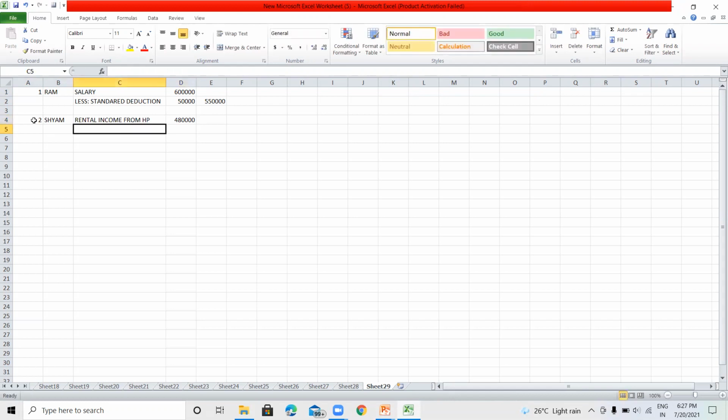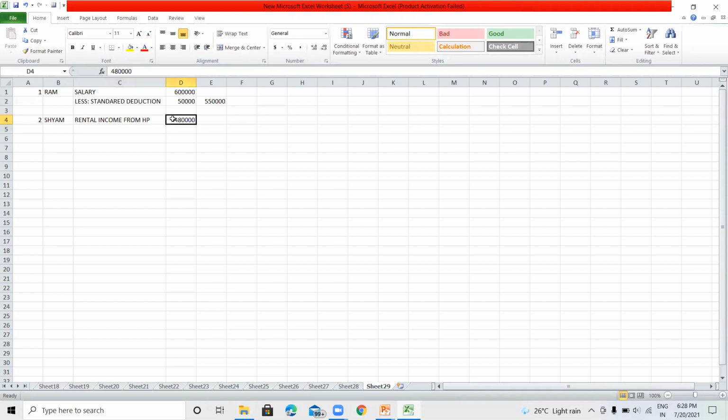In the case of rental income, we will calculate NAV, net annual value, and from such NAV we will provide deductions under section 24, sub-section 1, clauses A and D. After such a deduction, the actual amount will be taxable under the head of house property.